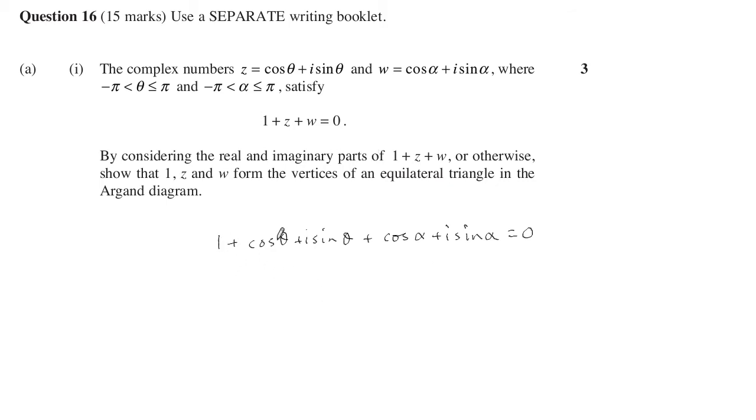So this is real, that's real. So we get 1 plus cos theta plus cos alpha equals 0, and then the imaginary parts, sine theta plus sine alpha equals 0. Now, since this second equation is a lot simpler than the first one, it's probably a good idea to focus on this one first and see what information we can get out of that.